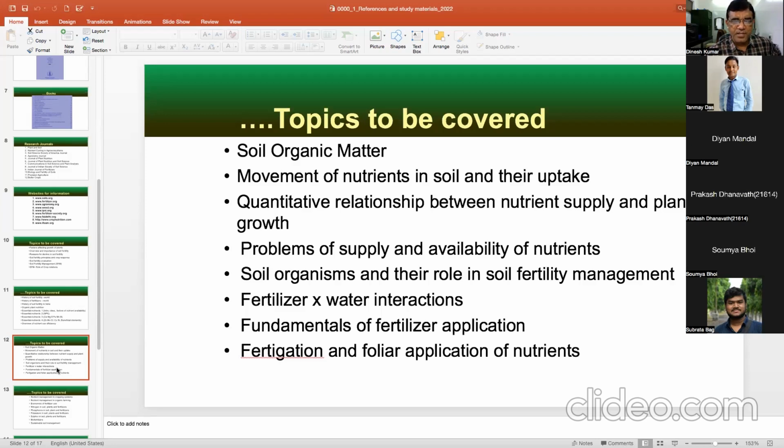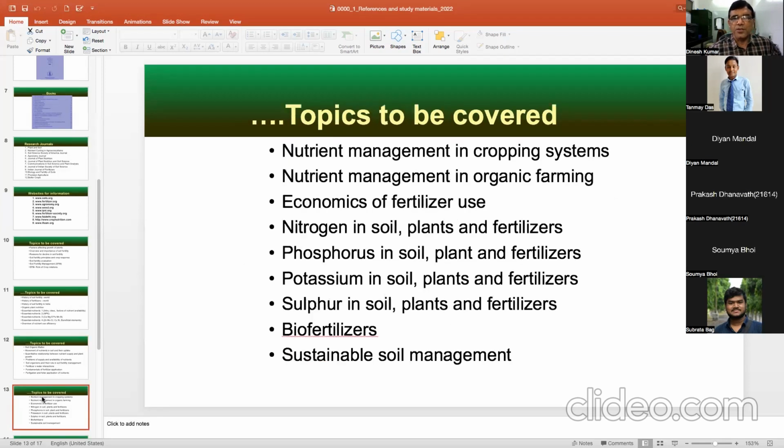Fundamentals of fertilizer application, fertigation and foliar application of nutrients, nutrient management in cropping systems, in organic farming, economics of fertilizer use, nitrogen in soil, plants and fertilizers, phosphorus in soil, plant and fertilizers, potassium in soil, plants and fertilizers, sulfur in soil, plants and fertilizers, biofertilizer, sustainable soil management.